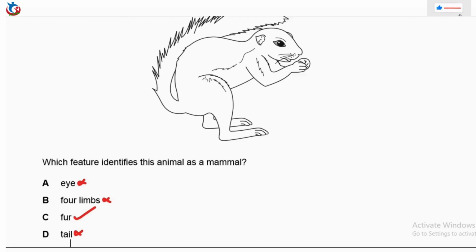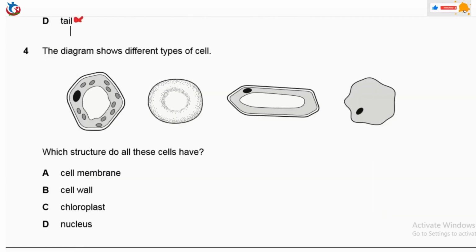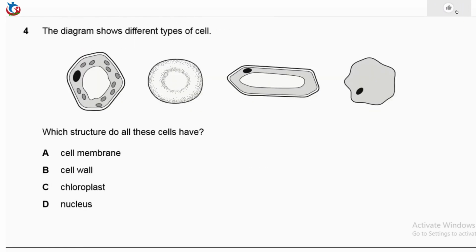Then we'll now move to question 4. Question 4 says, the diagram shows different types of cell. Which structure do all these cells have? Which structure do they all have? Number 1, they have the cell membrane.